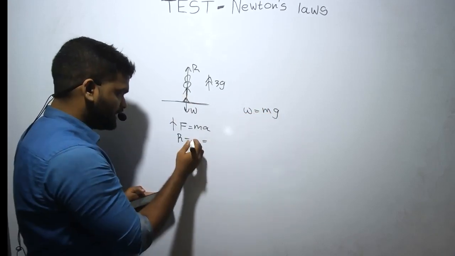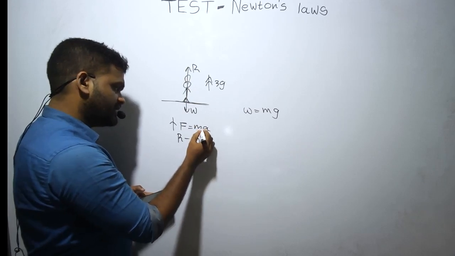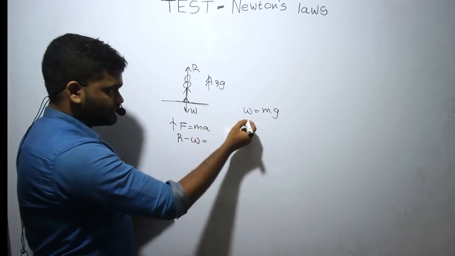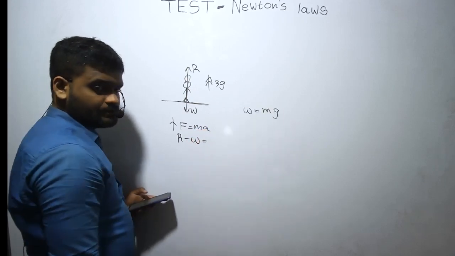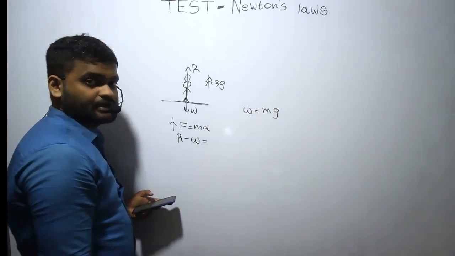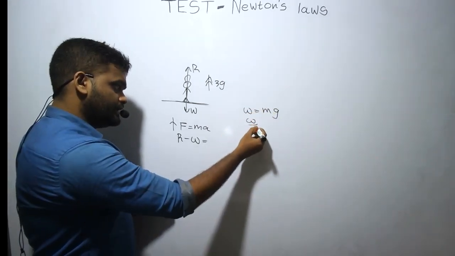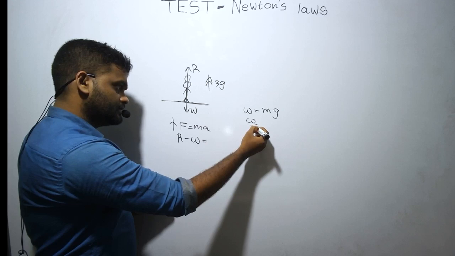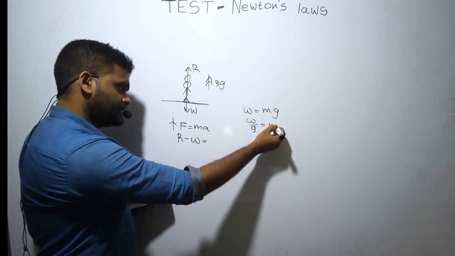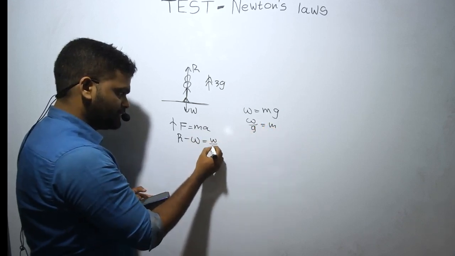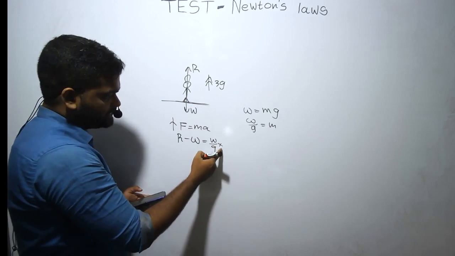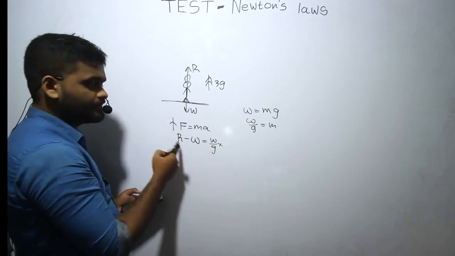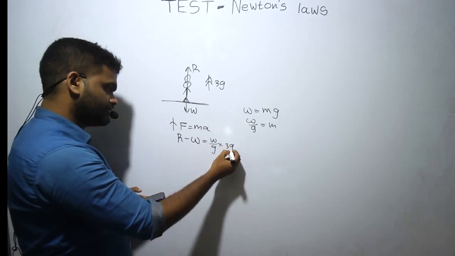So R minus W. So what is the mass of the man? How do you find that? W is always equal to mg, mass times gravitational acceleration. So if you want to find the mass, it is W divided by g, right? So the mass W divided by g, times the acceleration upwards at this moment, which is 3g.